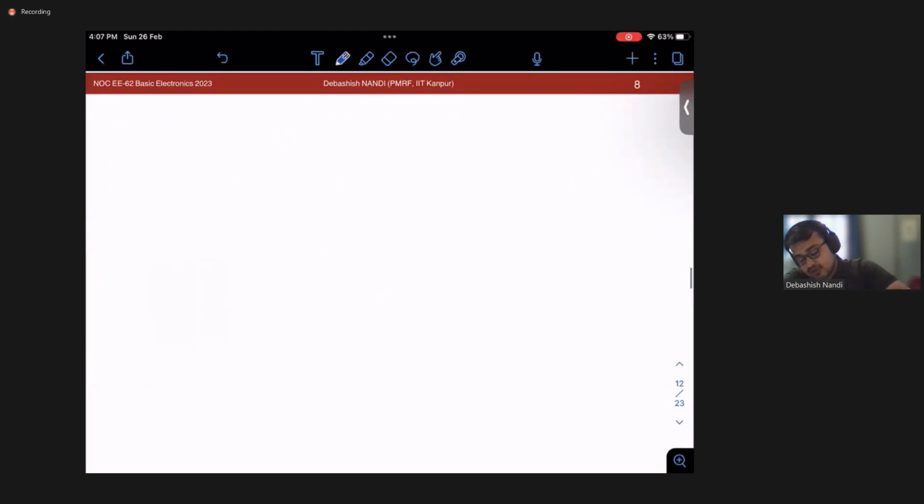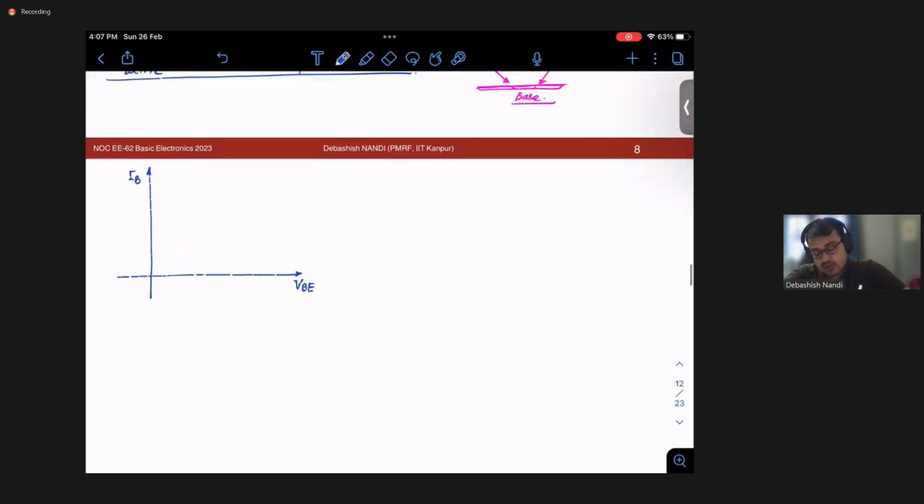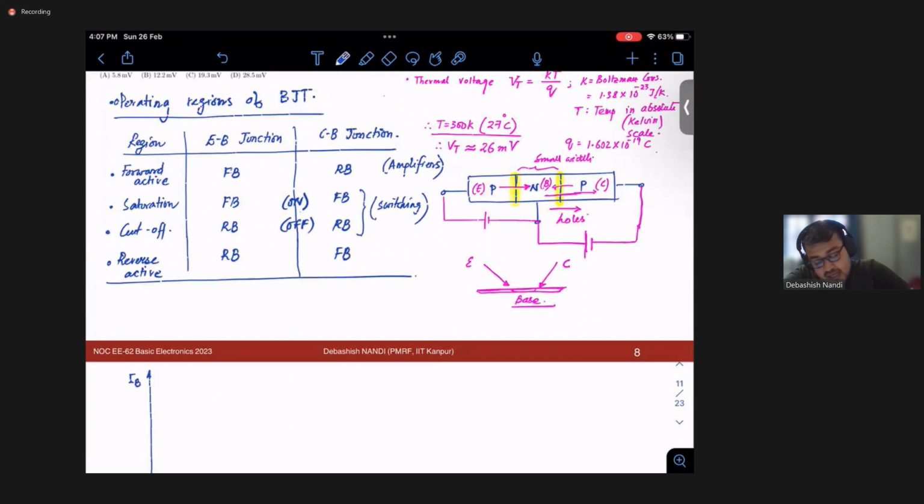Now let me tell you how the characteristics look. This is IB. So see, this is nothing but a PN junction, right? And VBE is nothing but this voltage.